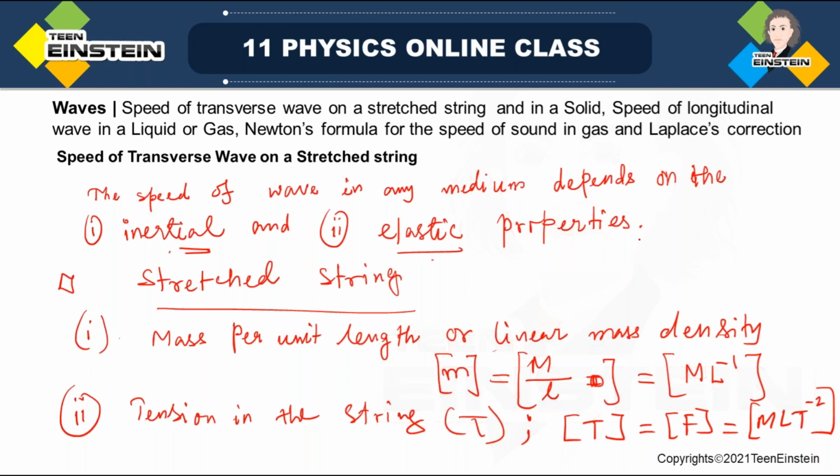Now look, I'll use this empty space. Now if I take the ratio T over m, then what do we get? T is M L T to the power minus 2, and here this is M L to the power minus 1.